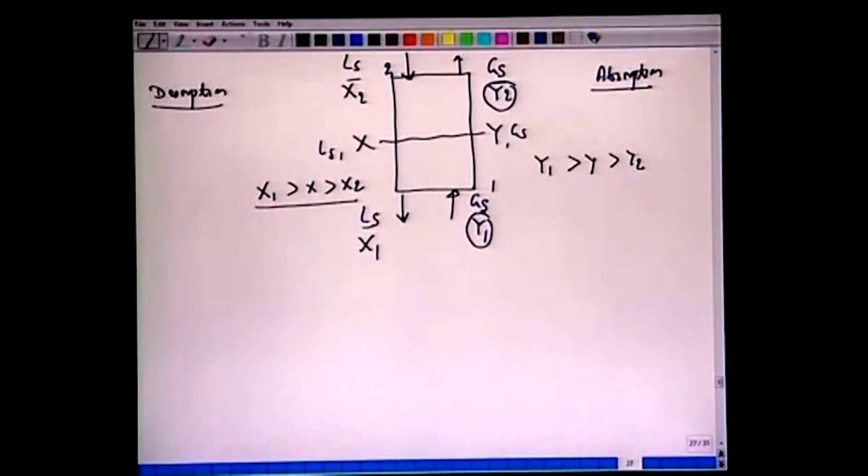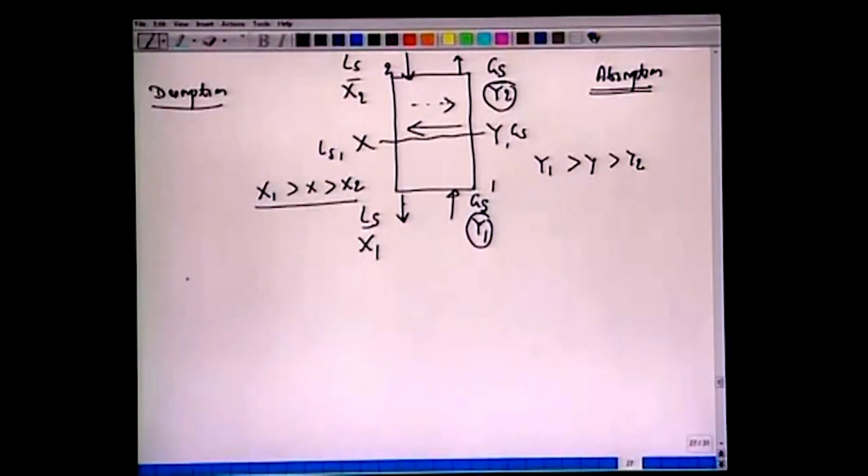So nearly pure solvent becomes rich in the transferring component. In desorption the condition is reverse. Already we have a liquid with a very high concentration of X, and we want to strip it in the opposite direction to the GS, etc. So qualitatively the treatment for absorption and desorption is the same. This is what we have as schematics.